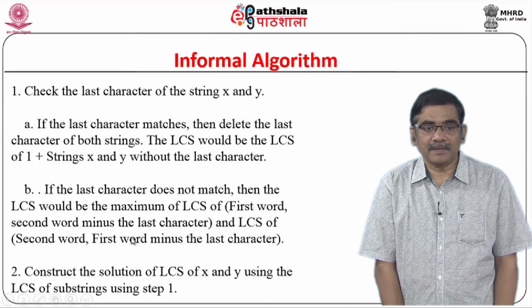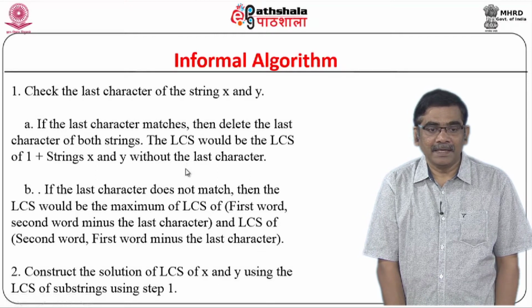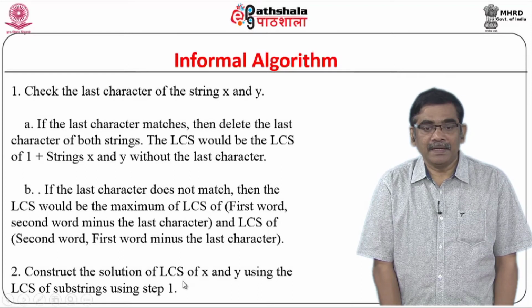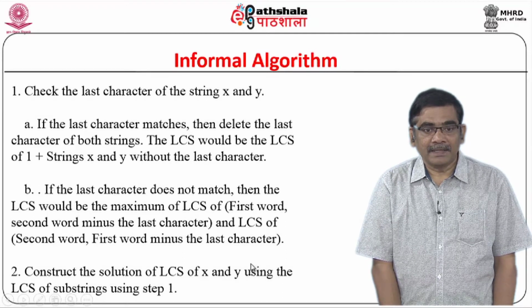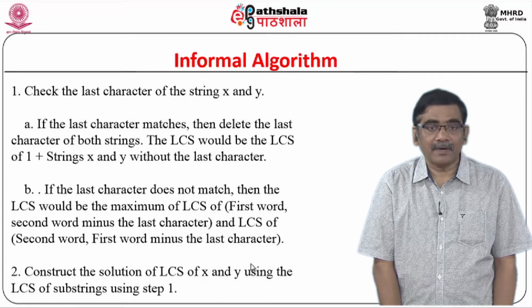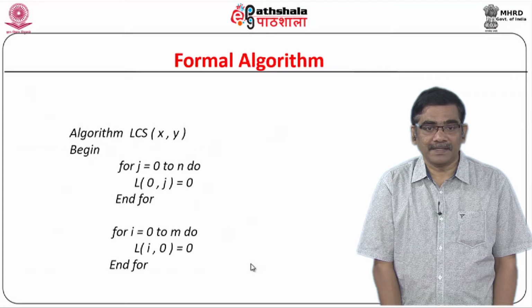In this manner we can find L of i comma j, store that into the table, and repeat this process. By the end of the algorithm, the table will be full, and the last entry tells you the number of characters that match, and that gives the longest common subsequence.